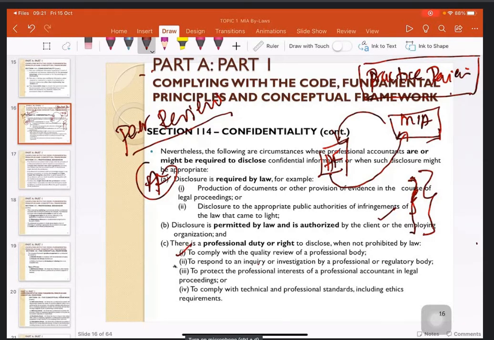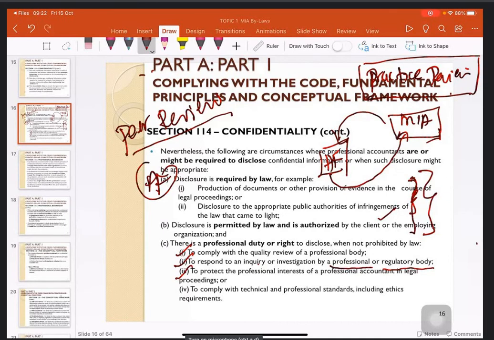Number 2 adalah to respond to an inquiry or investigation by a professional or regulatory body. Okay, meaning that kalau ada mana-mana professional body or regulatory body need some of the information daripada auditor, you may disclose the information. Okay, the third one adalah to protect the professional interest of the professional accountant.